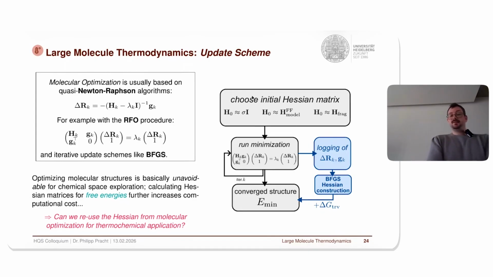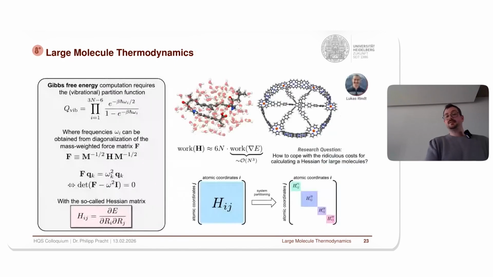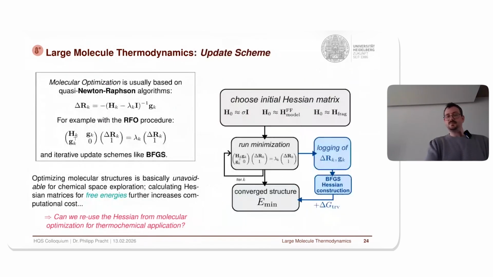Standard algorithm would look like this. You are choosing a starting matrix, as you do in a local optimization as well. So this can be a scaled identity matrix. This can be a force field. So if you're performing a DFT optimization, this can be a cheaper matrix, like from a force field, or it can be this fragmented Hessian from the slide before.